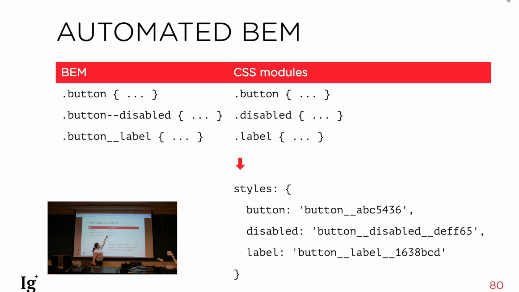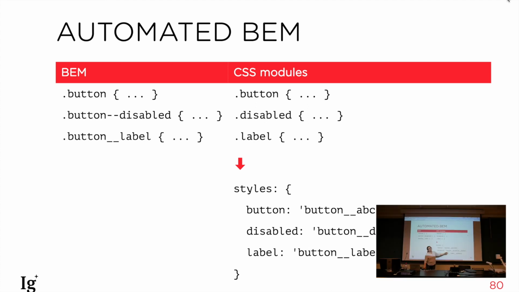So we write some very simple classes, but the building tool knows that it all should belong to some block or modifier or element, and then it makes unique classes for that.